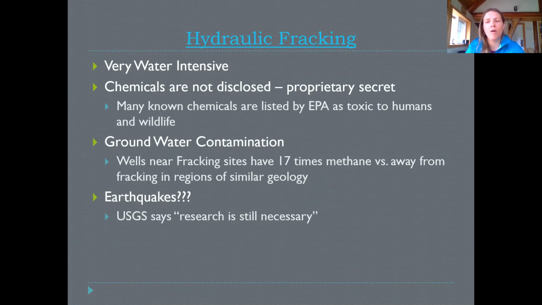And then finally, an area that is increasingly being documented is that as we're fracking, as we're pumping water and other lubricants underneath the ground, we're increasing the risk of earthquakes in areas where this is happening. And conceptually, this makes sense, right? If you put a lubricant, something that makes things more slippery, along a fault, then that fault is more likely to slip.